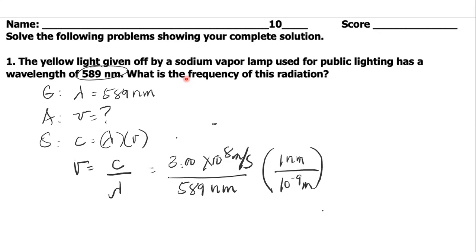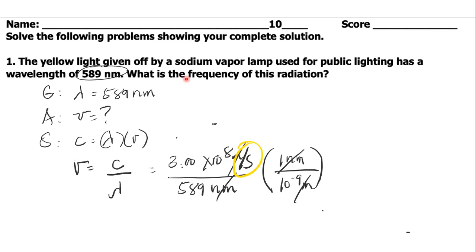By this, we can cancel the unwanted units. Nanometer divided by nanometer is equal to 1. Meter divided by meter is equal to 1. We are left with per second. Per second is the unit used to express frequency.